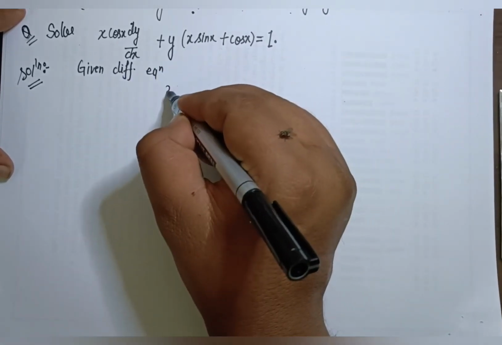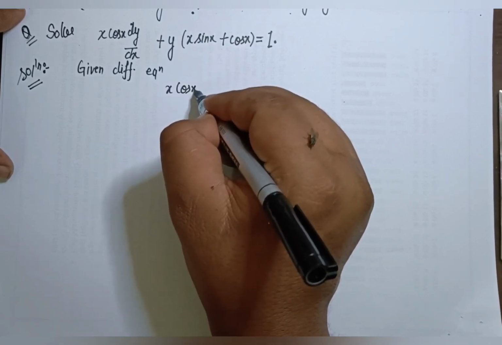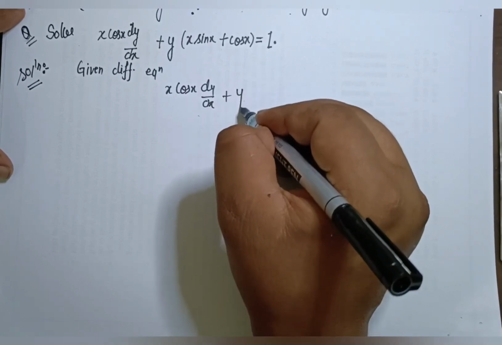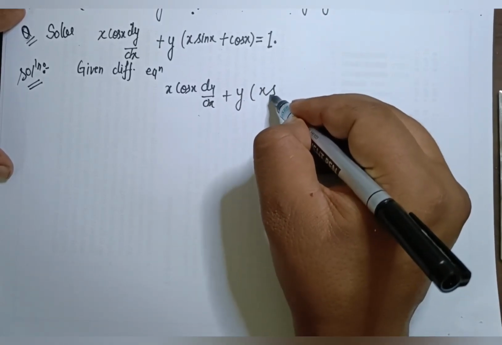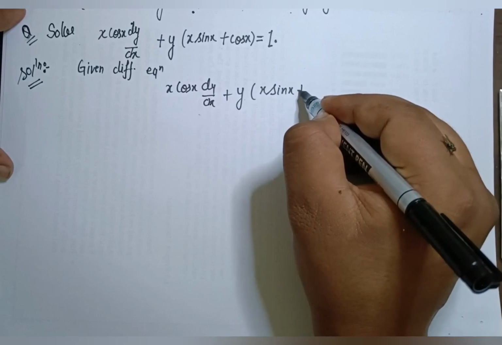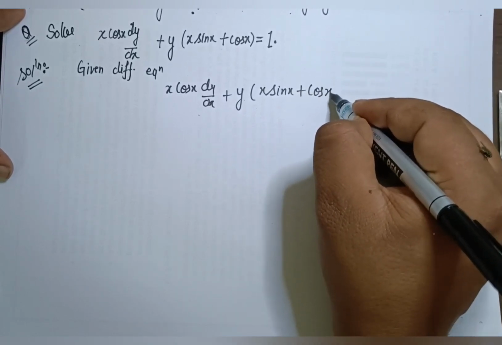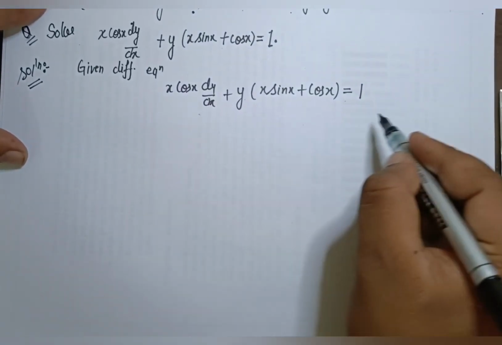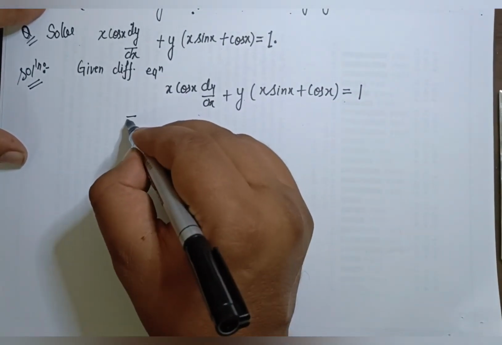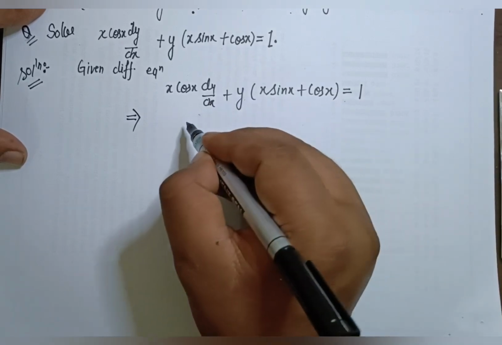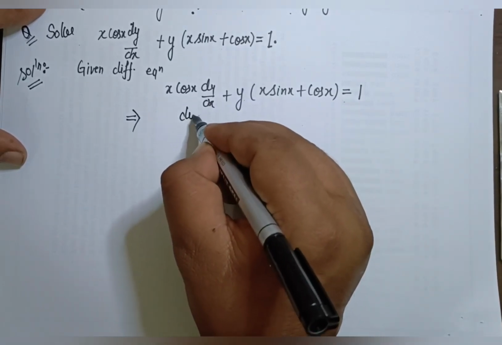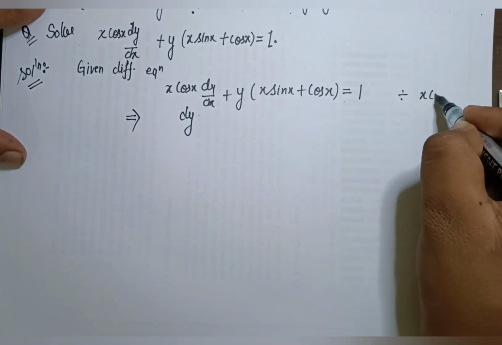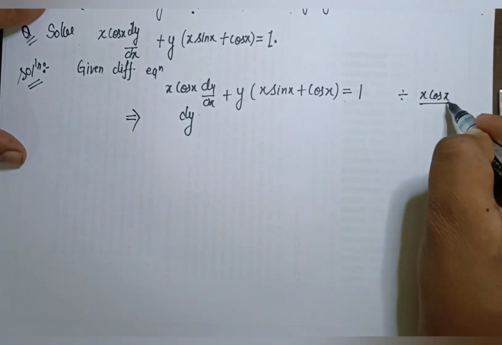The given differential equation is x cos x dy by dx plus y (x sin x plus cos x) equals 1. Then simply we write it into the standard form, and to convert it into the standard form, we divide the given differential equation by x cos x, which is the coefficient of dy by dx.